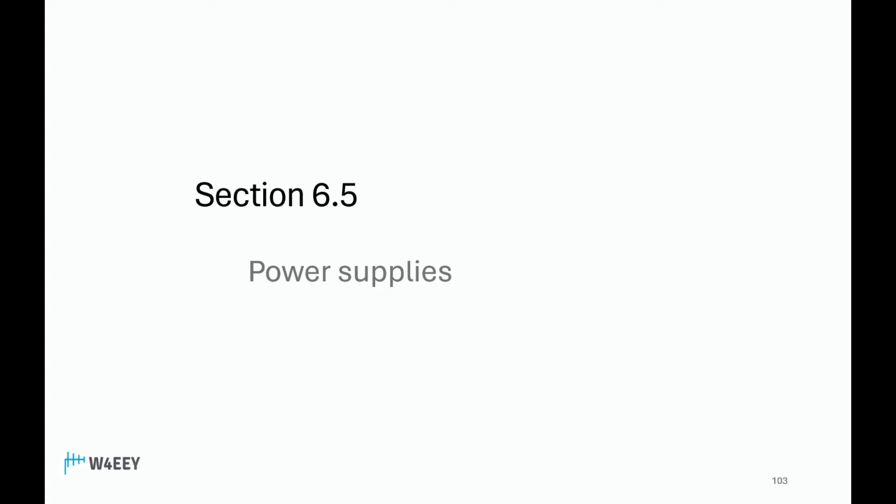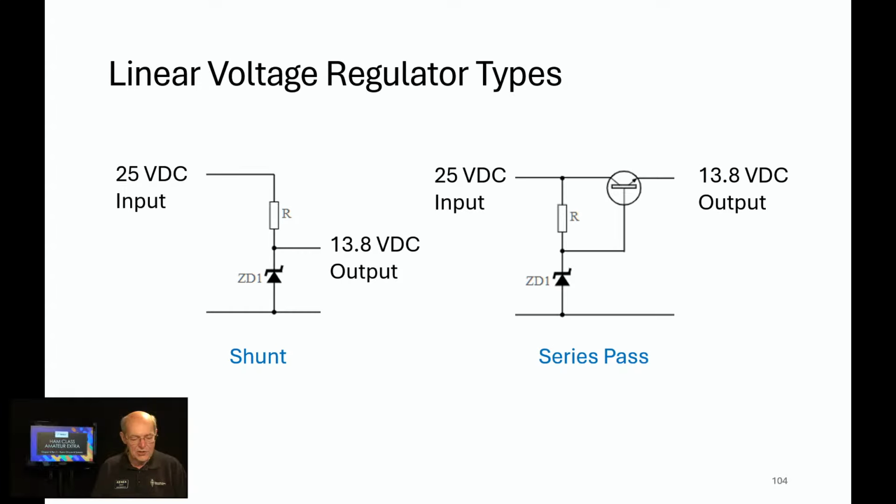It needs to be 13.8 volts typically, and if you've got a 100-watt transceiver, it needs to be able to generate about 23 amps at 13.8 volts DC. Those come in two flavors, a shunt regulator and a series pass regulator.